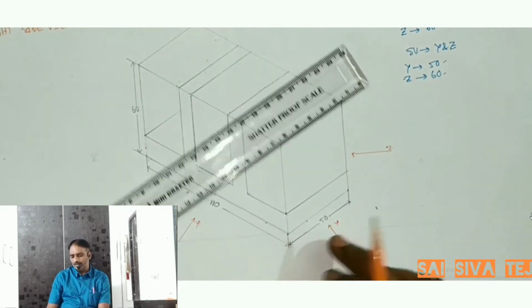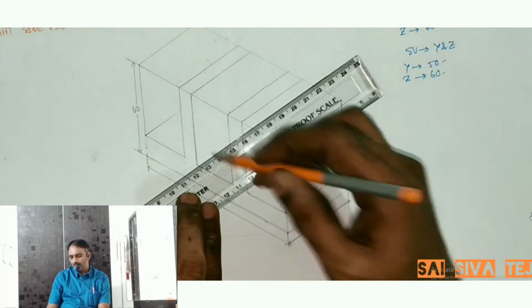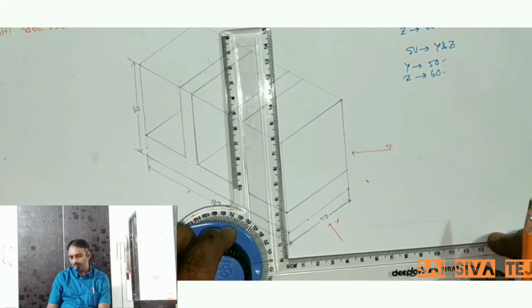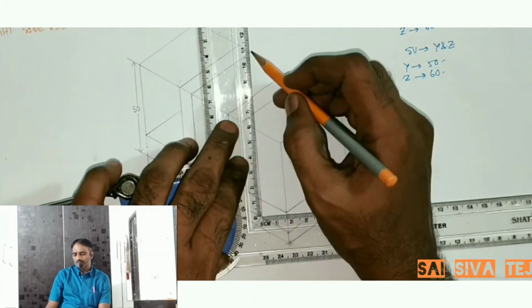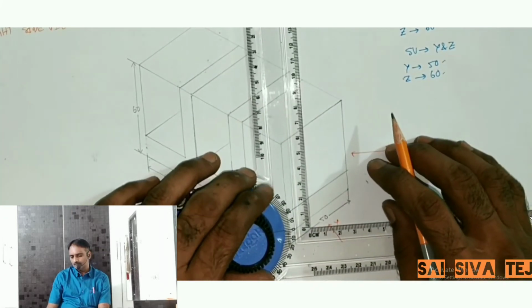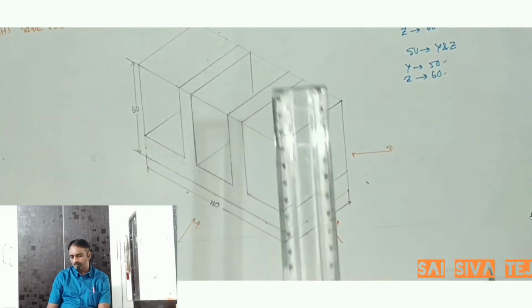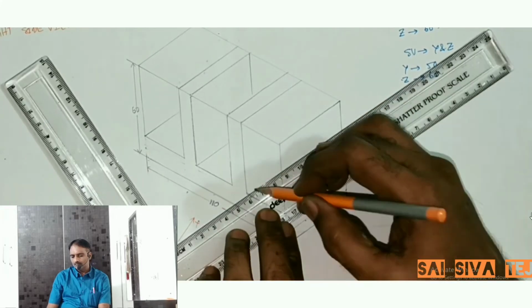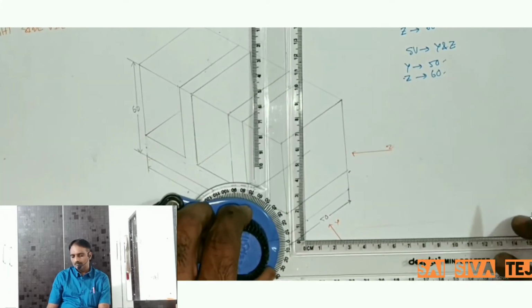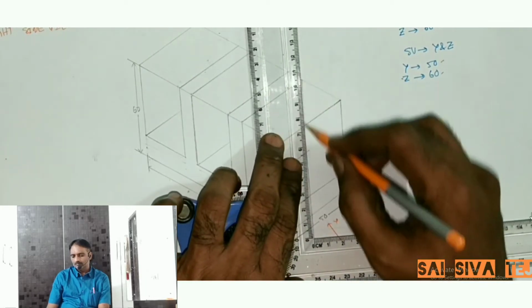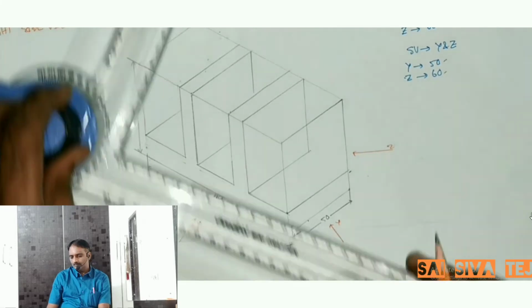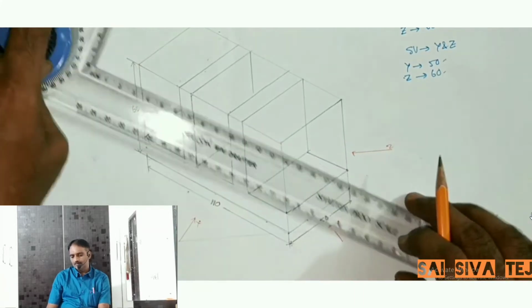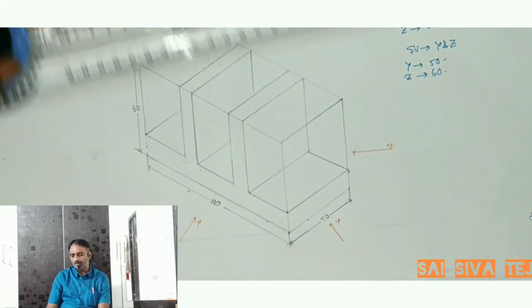Now, let us complete the solid. So that is the solid isometric view that is required for us.